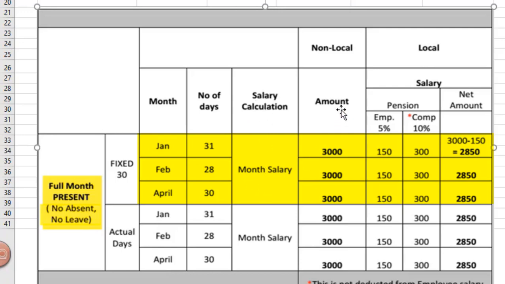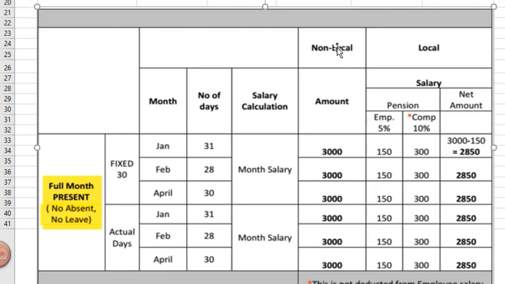It says here that the amount is 3,000 for non-locals, and for locals it's this way. So what is the difference? Why is it 3,000 here and why is it 2,850? As I said a few minutes ago, it's because the non-locals have no pension. There is no column here for pension for non-locals.